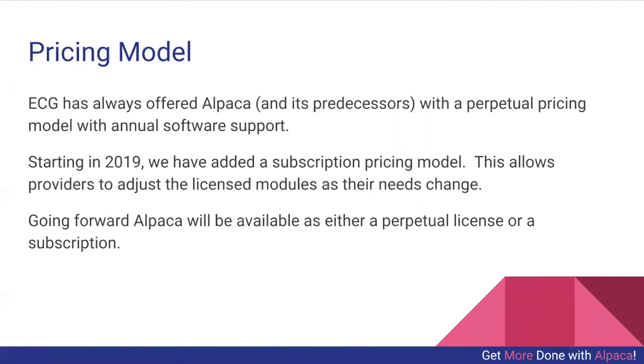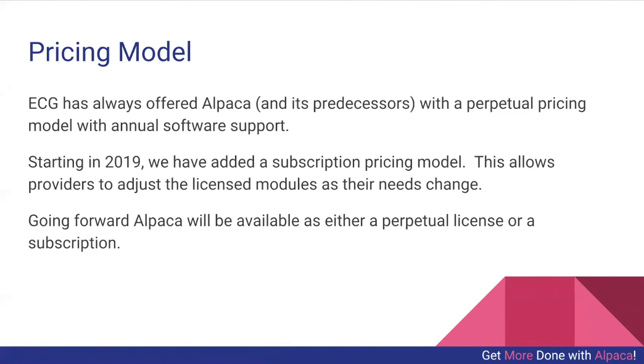Want to announce a couple of changes to the pricing model. We have always offered Alpaca and all of its predecessors as a perpetual pricing model with an annual software support. So starting earlier this year, we added a subscription pricing model that allows service providers to sort of pay as you go.